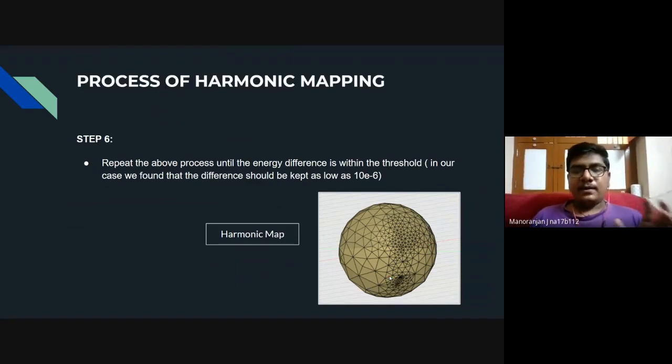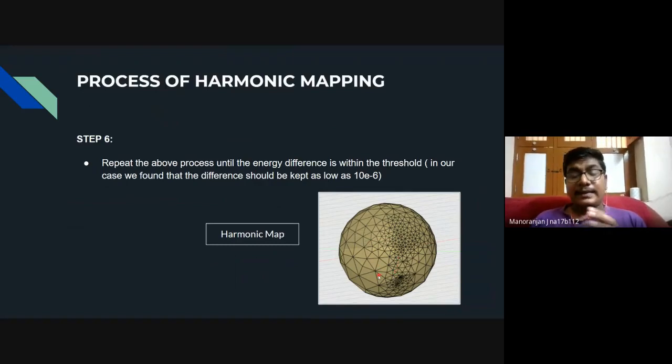We have mapped a 3D object onto a unit sphere, and since the angles are conserved for the panels, it indirectly saves the shape information. So we will now be heading towards the algorithm which can compute the shape descriptors from this harmonic map.